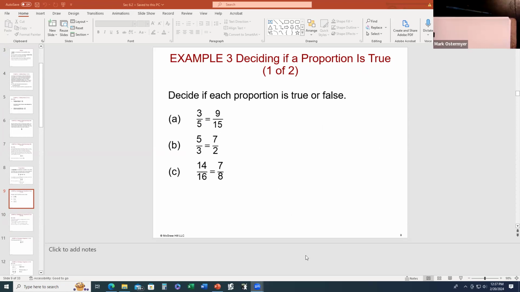Tell you what, for classwork 1, just to bring our minds back where they need to be, let's see if we can verify whether these proportions are valid proportions or not. The quickest, easiest, most efficient way to do that is to look at the cross products and see if the cross products are equivalent. If they are, you have a valid proportion. If they are not, you do not have a valid proportion. So let's see if we can do that. Classwork 1.